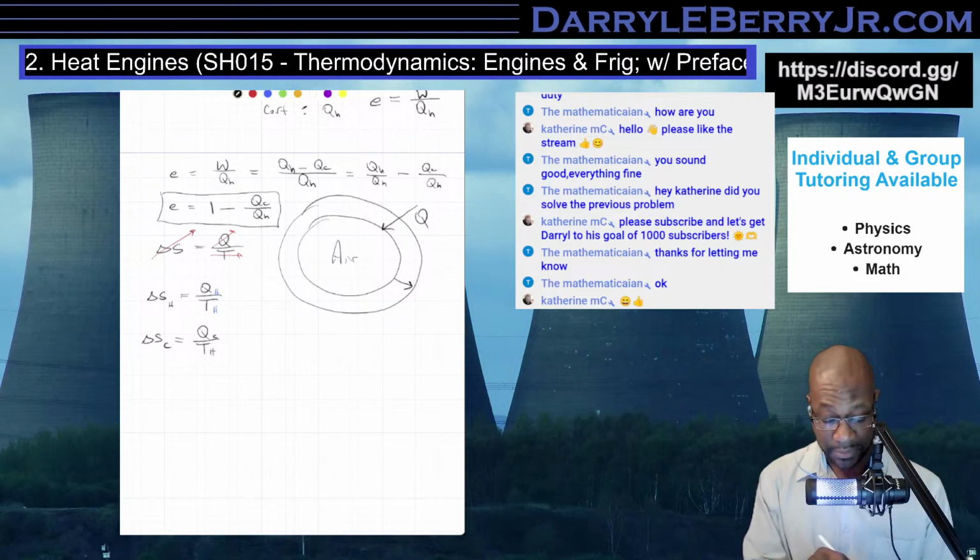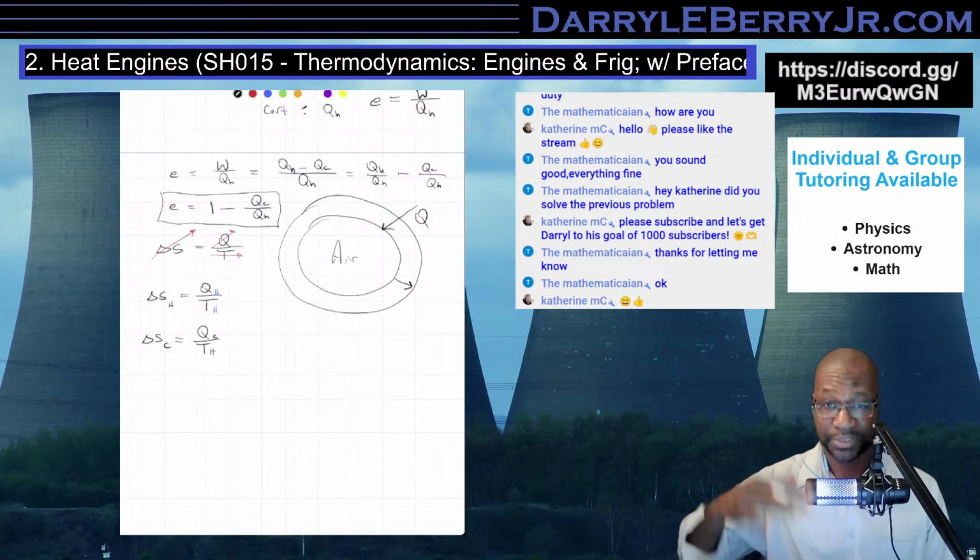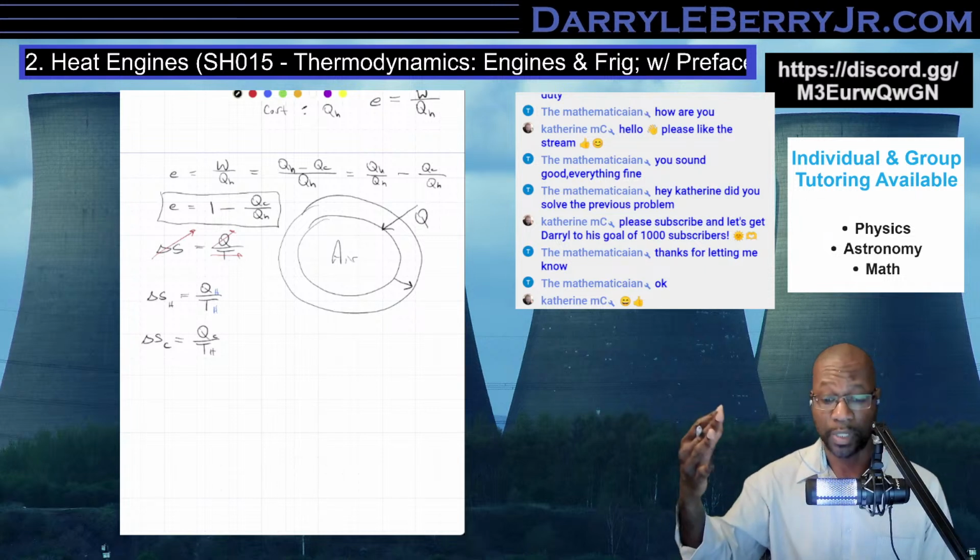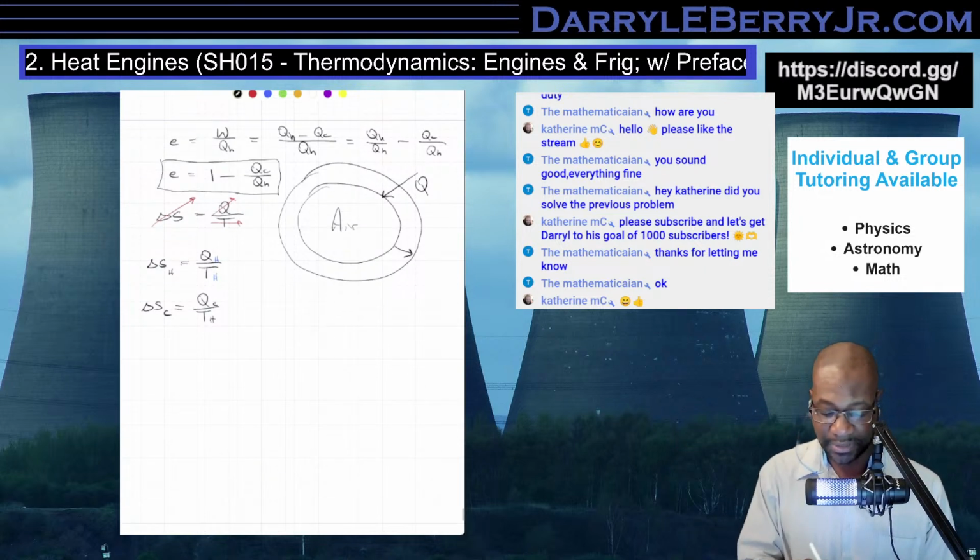Okay. Now, keep in mind that according to the second law of thermodynamics, the entropy has to either stay the same or go up. So what this means is that the entropy of the whole reservoir has to be greater than or equal to the entropy of the hot side.